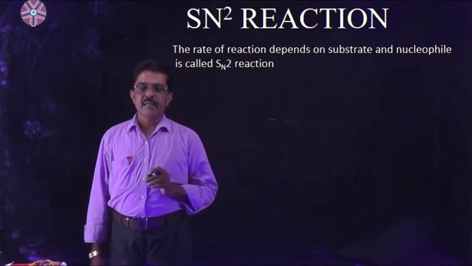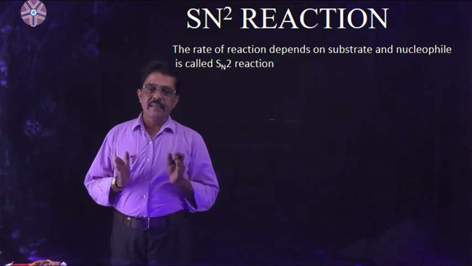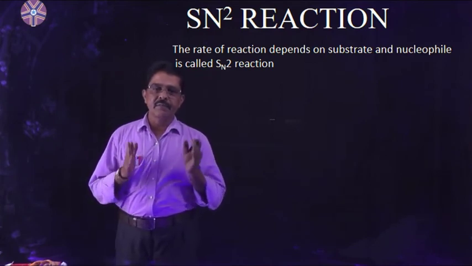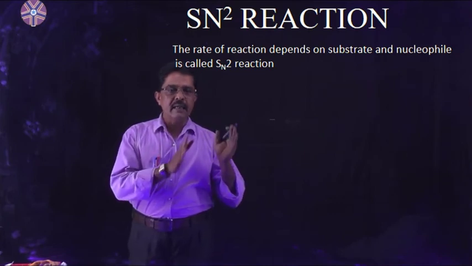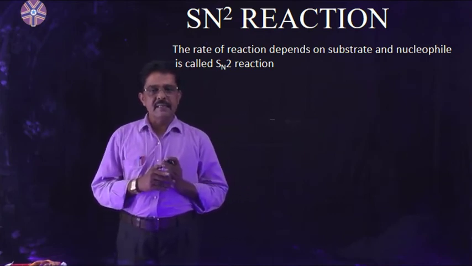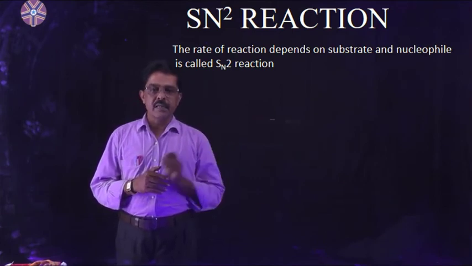So SN2 reaction means the substitution reaction in which the rate of reaction depends upon both the alkyl halide and nucleophile. Hence, it is said to be a substitution nucleophilic bimolecular reaction.